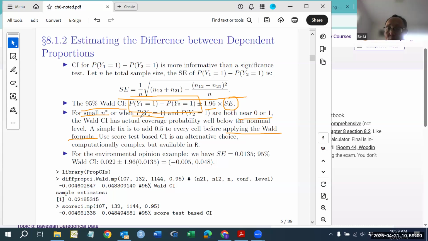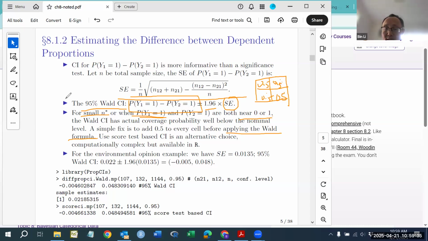Because when the marginal proportions are very close to 0 or 1, that means some of the cells in our 2x2 table are very likely to have very low counts, or close to 0 counts. So we just add 0.5 to all 4 cells.